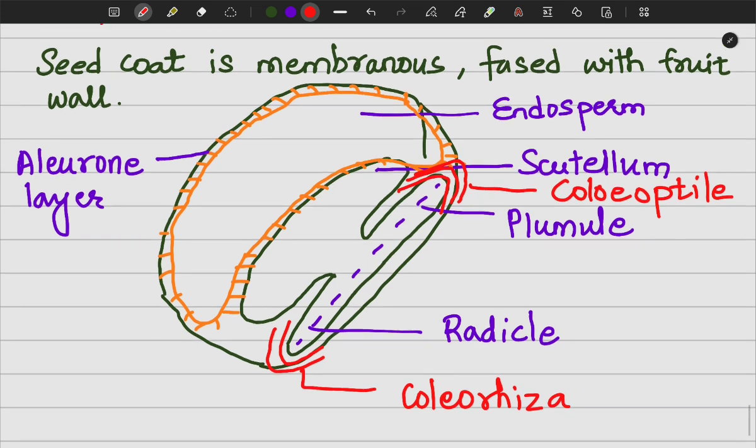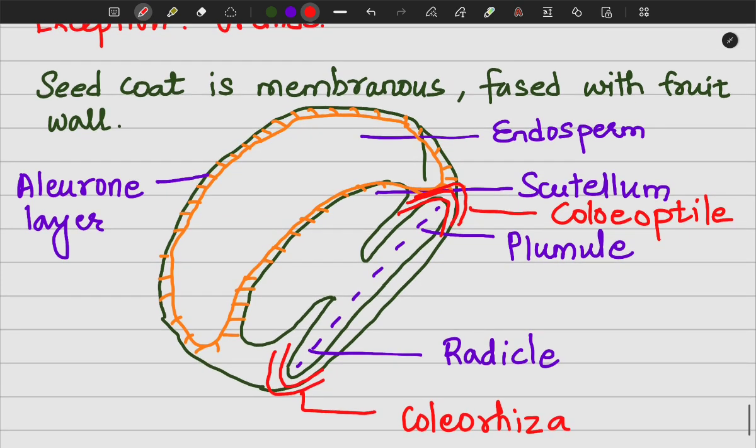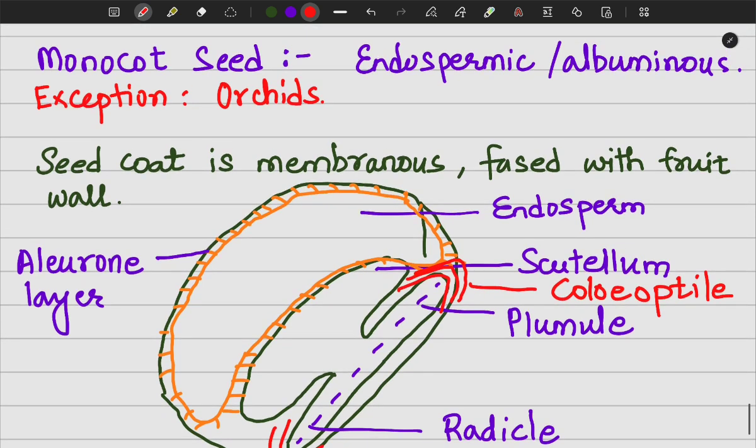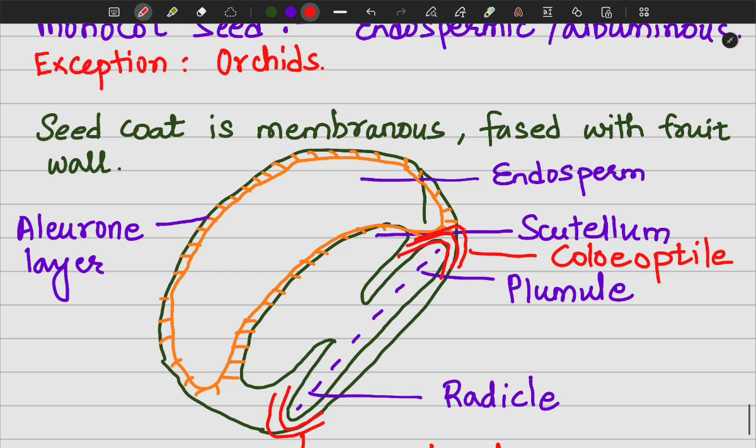Alright, so this is the structure of a monocot seed, and within it the monocot embryo. We have learned that monocots have endosperm because the embryo inside the monocot seed does not consume the endosperm completely. Therefore, only one cotyledon develops, which is not very well developed, and that is called scutellum.